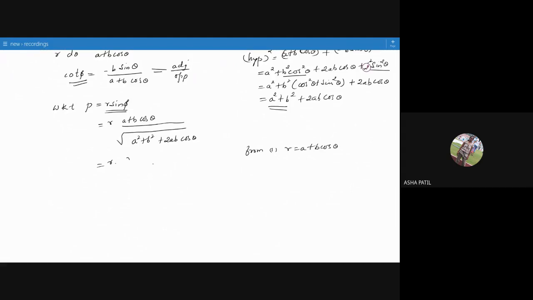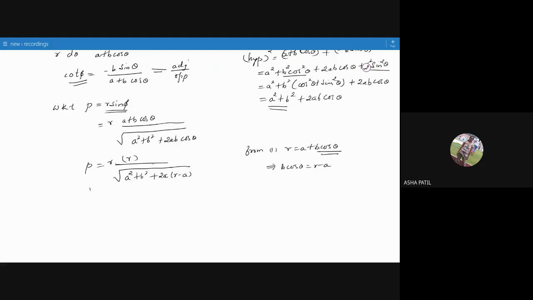Let us substitute it: a plus b cos theta is r. We have the square root of a square plus b square plus 2a times b cos theta. Now what is b cos theta from this? b cos theta is equal to r minus a. Now this is our p.